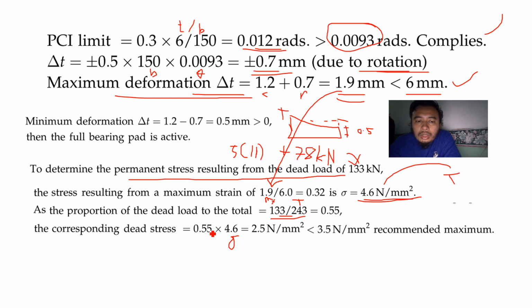So we take a proportion of 55% of the total stress. You get 2.5 Newton per millimeter square, which is less than 3.5 Newton per millimeter square of the recommended maximum. So which is less than the recommended maximum permanent dead stress limit.